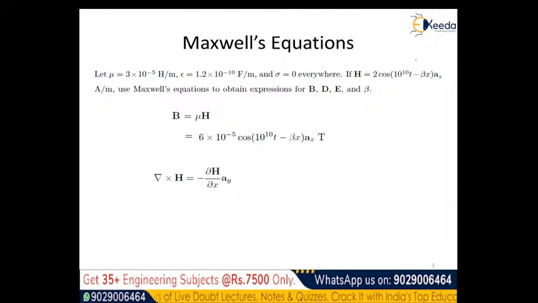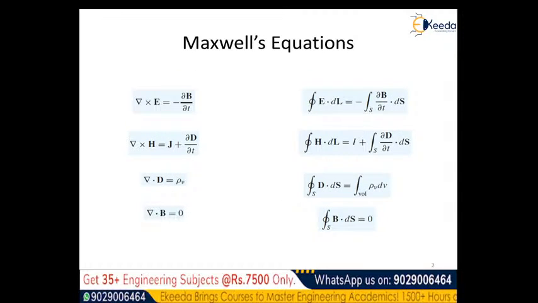The substitution gives us twice beta sine of 10 raised to the power 10 into t minus beta into x, bracket completed, multiplied by Ay. As per the given problem statement, let me get you back to the Maxwell's equation here.